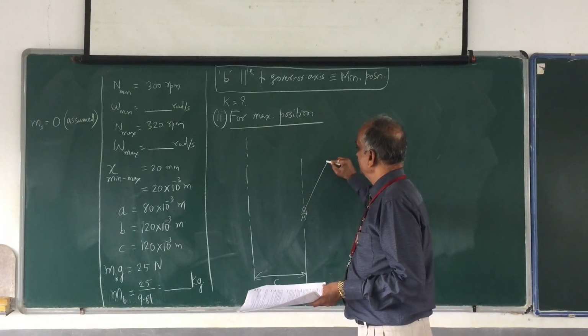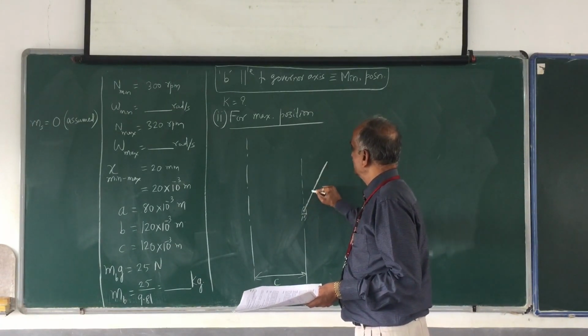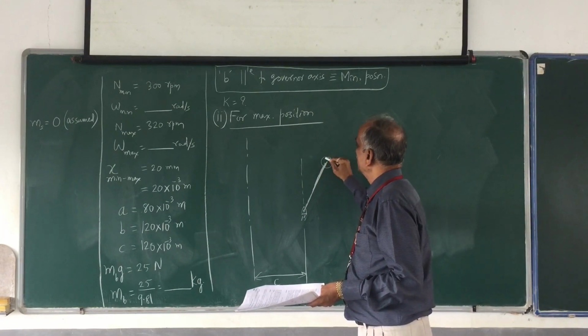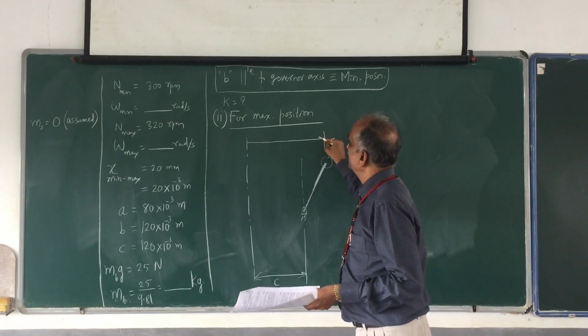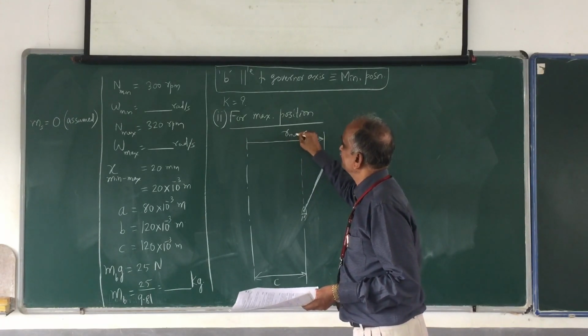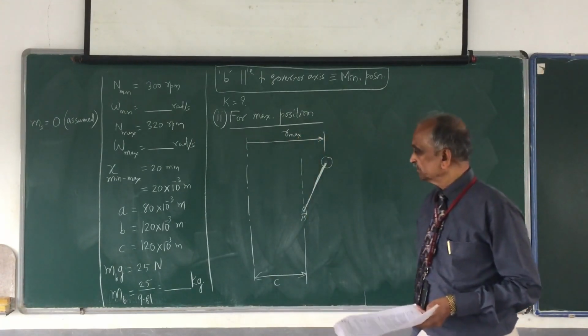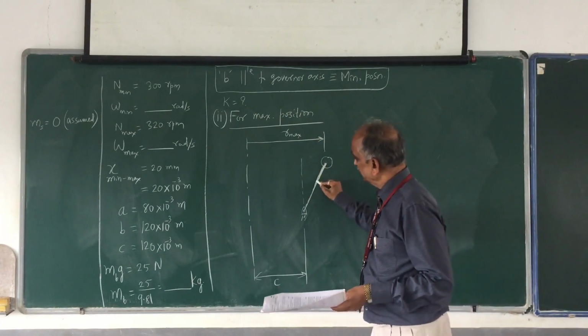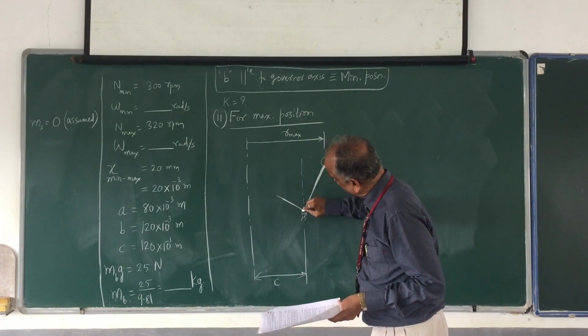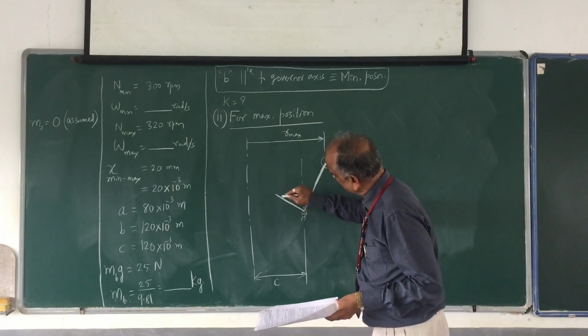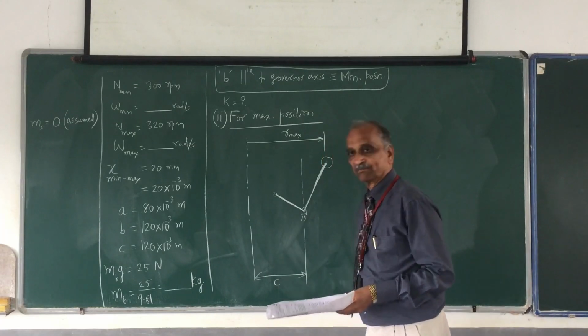Let me assume that this is the position of the ball arm and this is the ball, and this distance I shall call it as R max. This is R max. And perpendicular to the ball arm I shall draw what is called as the sleeve arm, which is also called as the roller arm.